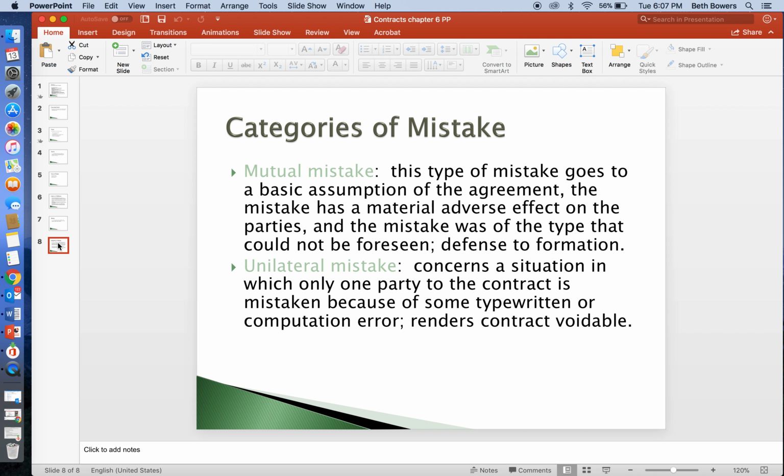Now, Ace accepts this erroneous bid, this bid that's lower than it really should be. There is a contract. This is an example of a unilateral mistake in which Ace, the innocent party, has no way of knowing that Arnold has miscalculated his bid.